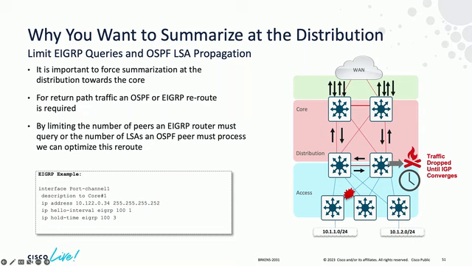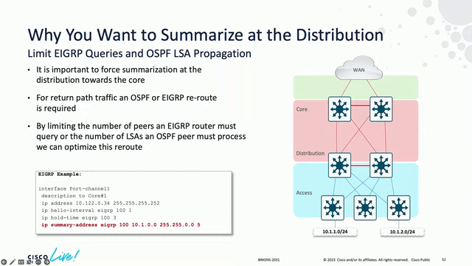If in this situation we use summarization, then let's see how the situation is changing. If we have exactly the same link failure, we follow the same path, we start sending queries, but what happens next differs. Because our core devices say, hey, dear distribution, you just told me you know everything about the subnet, right?